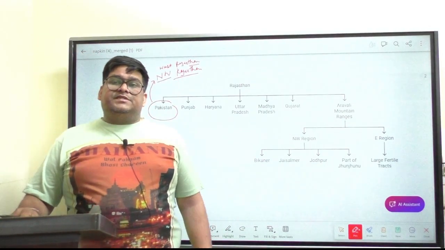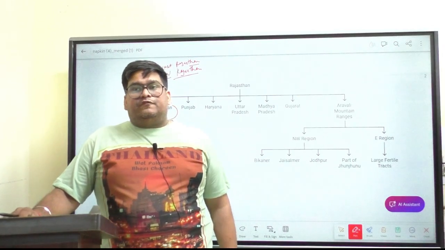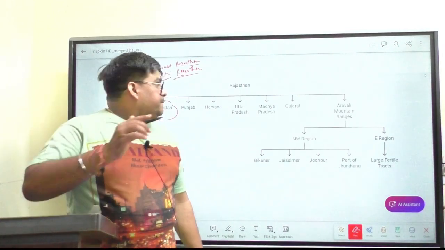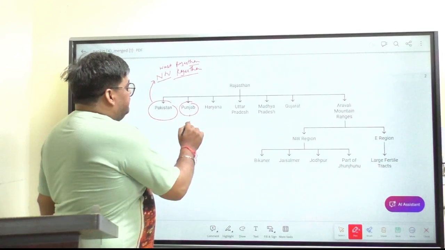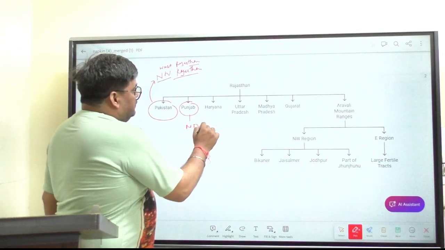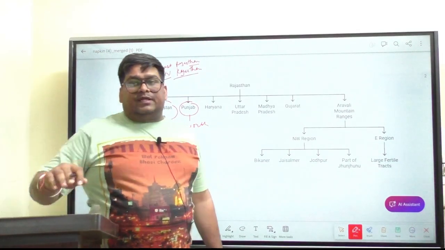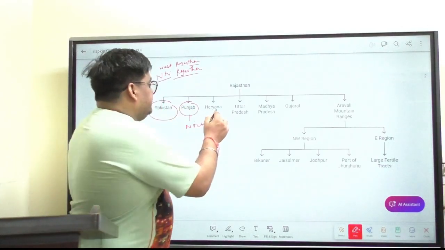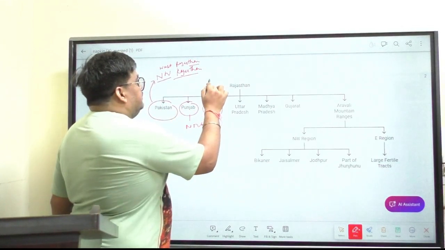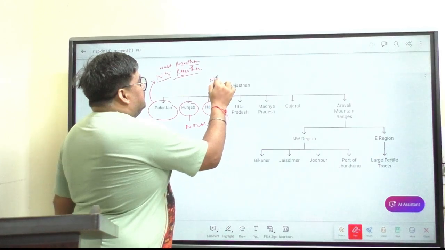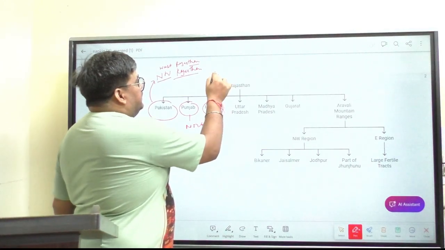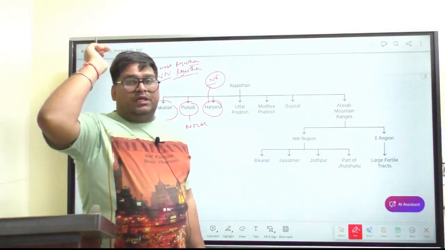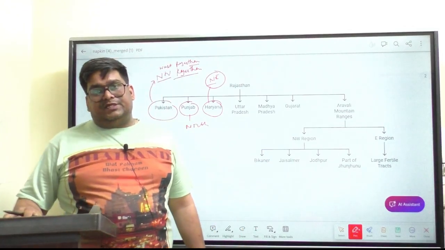Next, it also touches the state of Punjab in the north. Similarly, Rajasthan also touches the state of Haryana in the northeast. If you look at the map of Rajasthan, it touches Haryana in the northeastern direction.